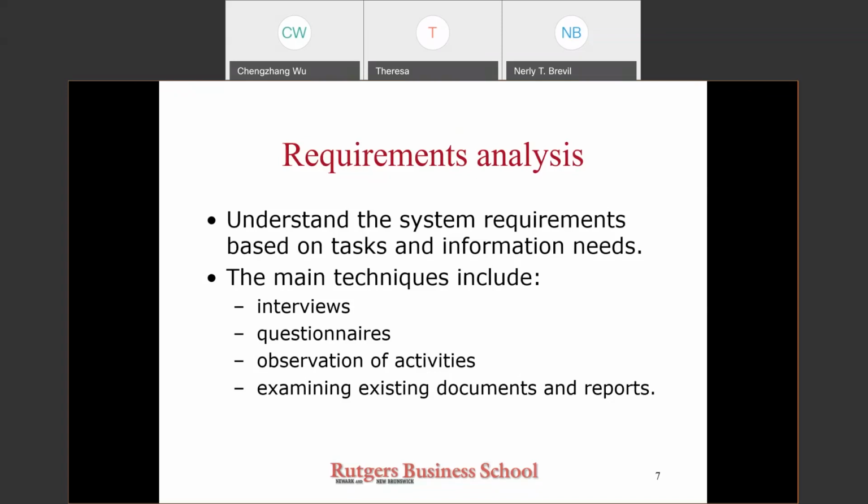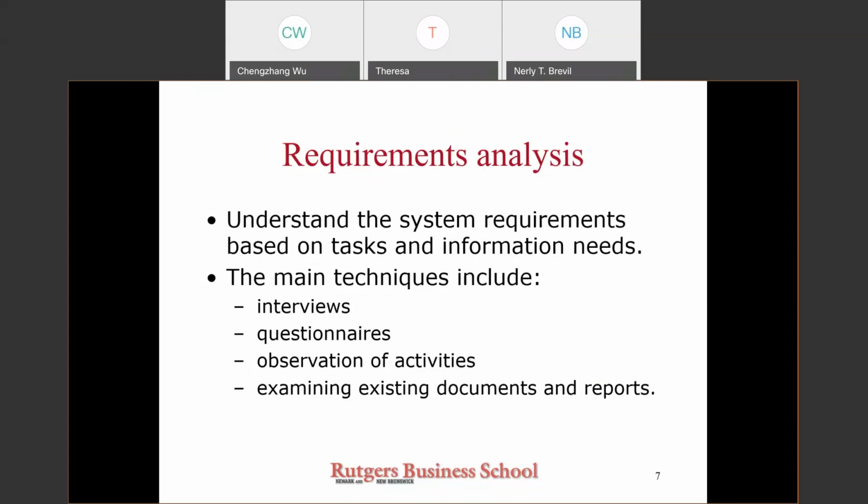Observation of activities. Well, this is another technique used to understand users' needs. This technique has the advantage of objectivity. The analyst actually observes on site what users do rather than users simply telling them what they do.